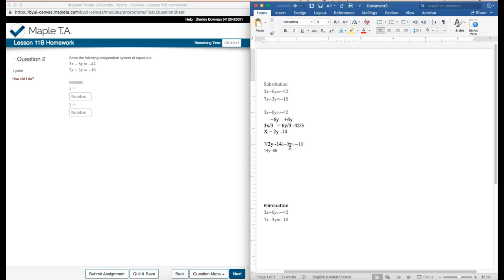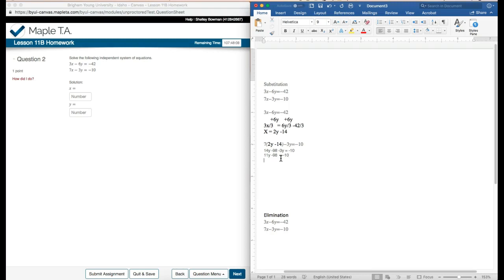And then I still have this negative 3y, and it equals, I haven't done anything to the right-hand side, so it just equals negative 10. Okay, on the left-hand side, I'm going to combine all of the y's. I have 14y minus 3y, and that's 11y. I still have this negative 98 and the negative 10.